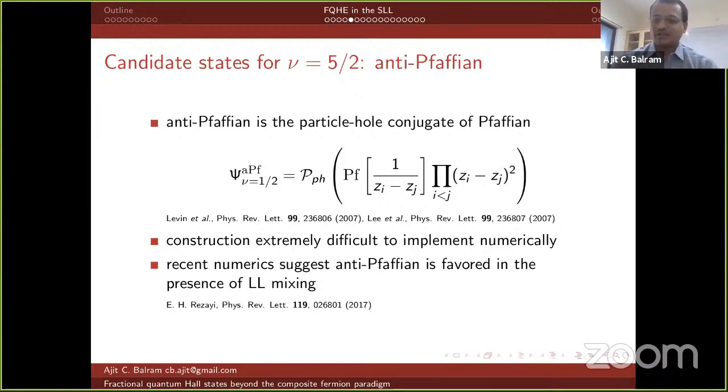So then particle hole symmetry is not a good symmetry anymore. And once you break particle hole symmetry, it seems like this is the state that wins over the so-called anti-Pfaffian. It's very difficult to construct this state because, just like projection, particle hole conjugation is super hard to construct. You need the expansion of the state in the full Hilbert space, then change all the electron orbitals to hole orbitals. So it would be nice to construct this anti-Pfaffian state in the Hilbert space in some neat way.